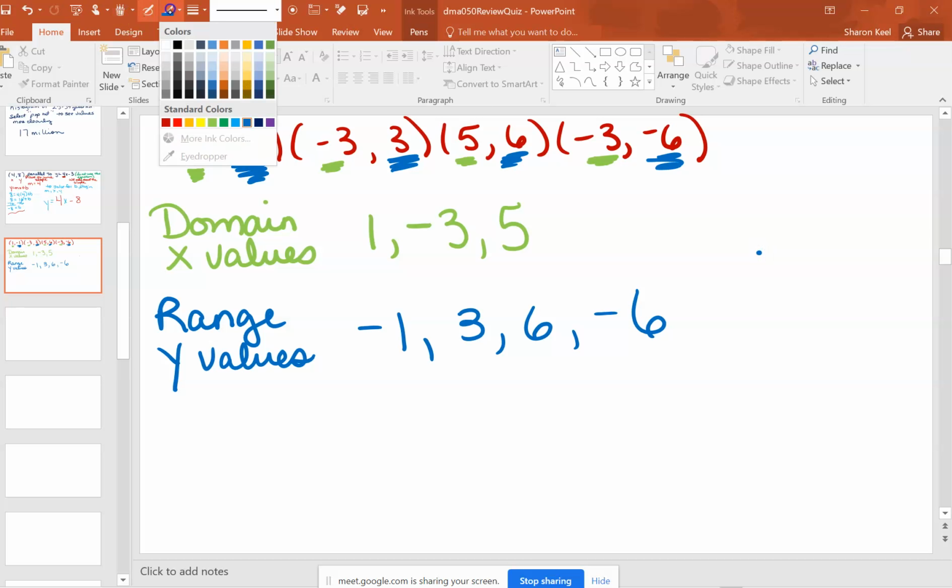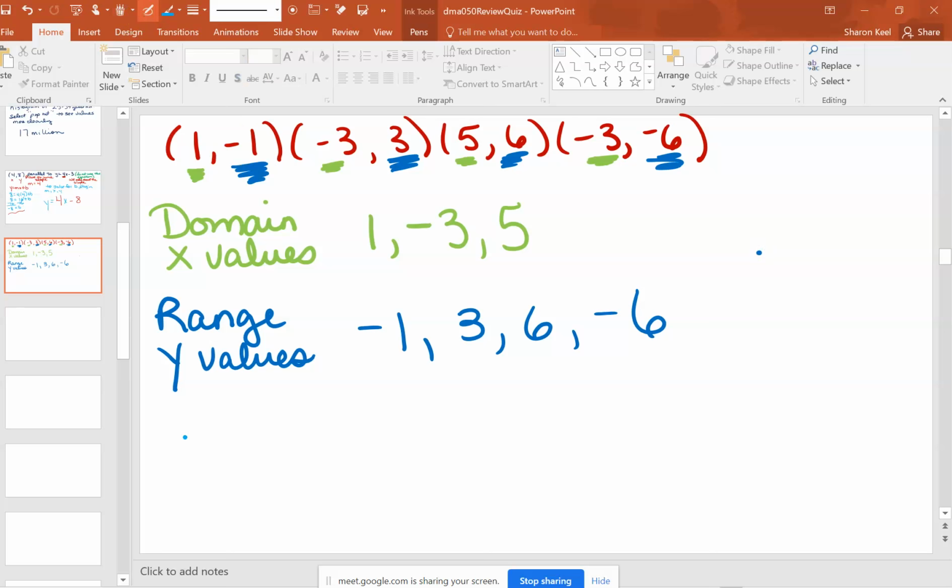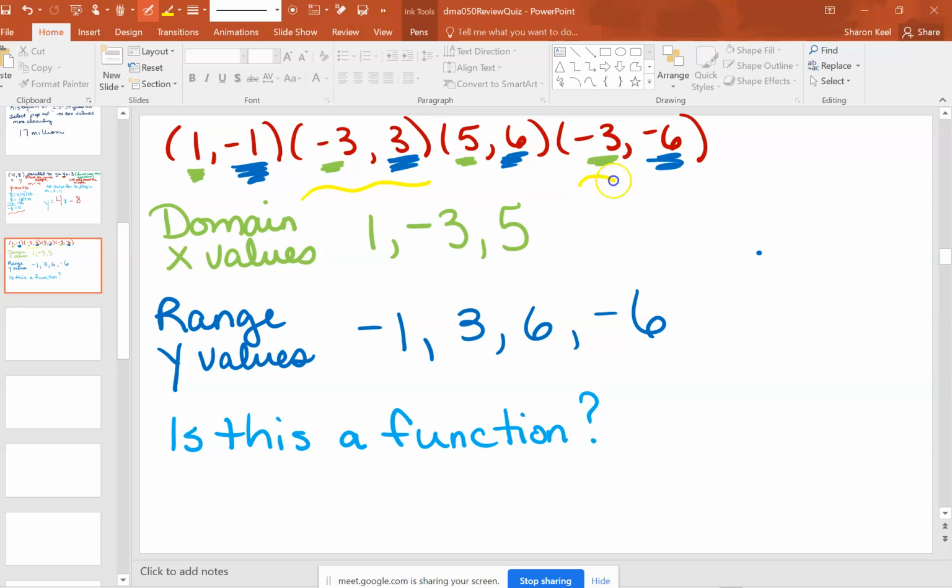When it asks you, is this a function? Remember, with a function, every input has only one output, one answer. But if you will notice, for this ordered pair and this ordered pair, both of these have an x of -3.